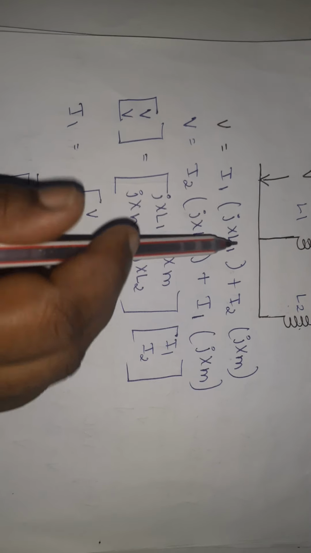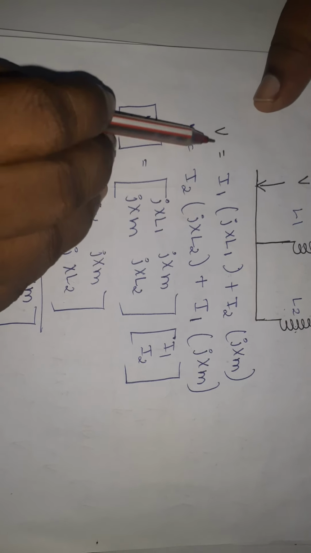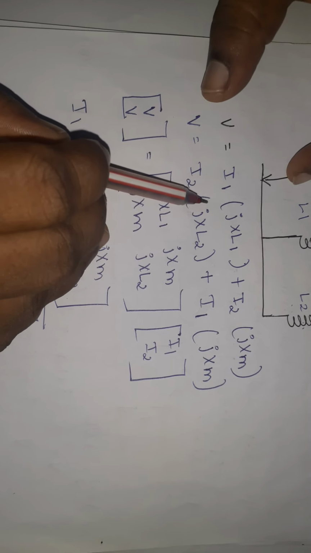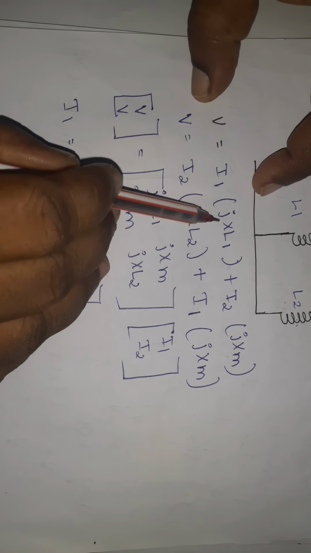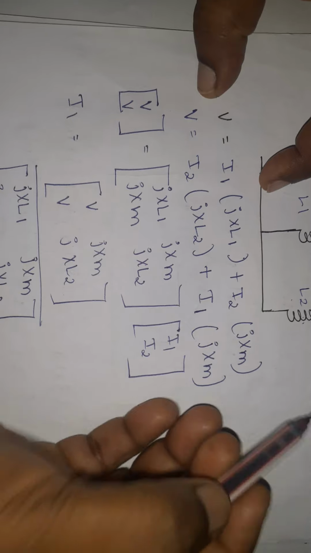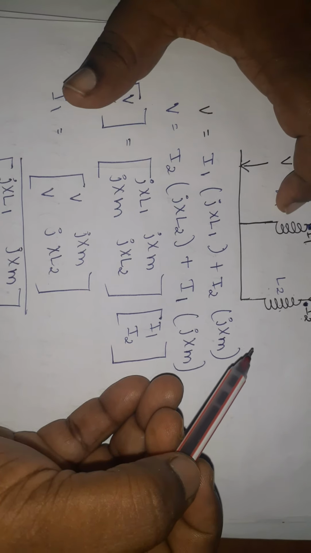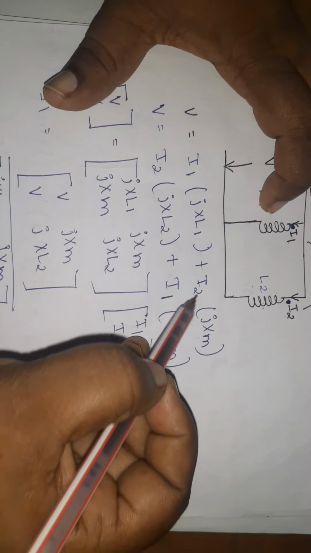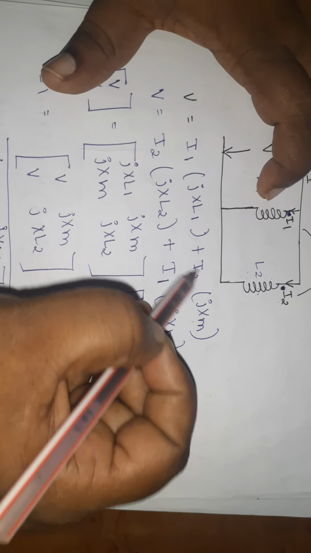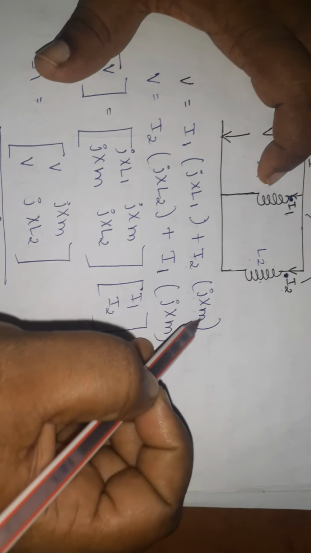Here also you write the equations. V is equal to, considering coil 1, I1 into jXL1 plus the mutual inductance term, I2 into jXM.